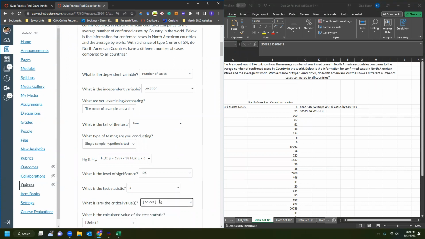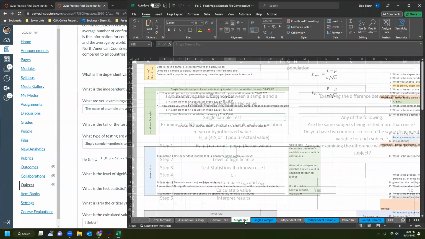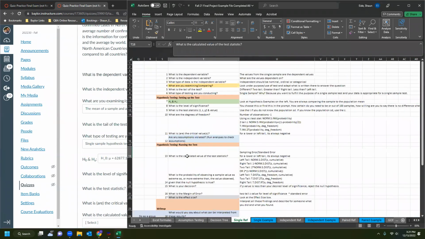Well, that's a great question. In order to calculate the critical values, there's a really good resource for you to determine what the critical values are. Let's go to single reference, and it comes right here. What are the critical values? Okay, and so we look at this using a z-test. Well, there's actually two things you can look at, but this is a two-tailed test, and so for the critical value, we are going to do equals NORM.S.INV, and then 0.05.